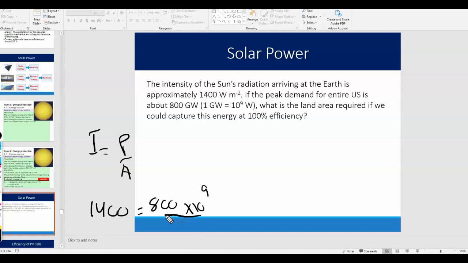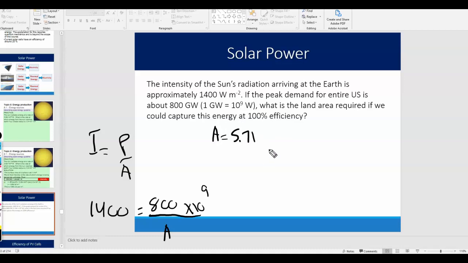That's enough to supply electricity to the entire United States, not including the rest of the world, of course. So you can see here, just using basic math, we can just rearrange this equation. 800 times 10 to the 9 divided by 1400 gives us a very big number. In fact, it's so big I kind of want to do it in scientific notation.